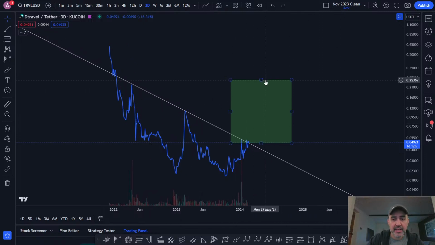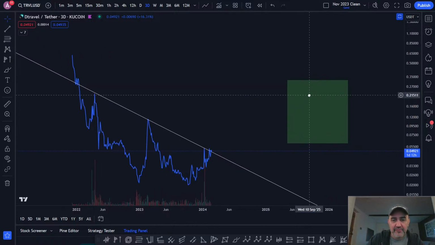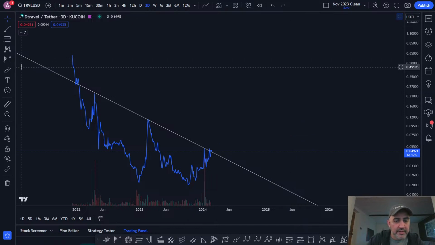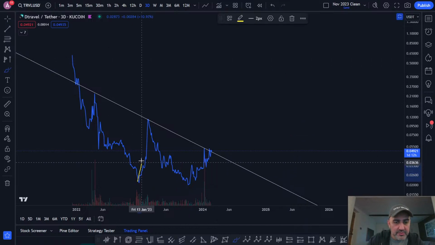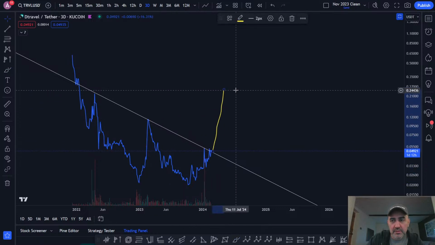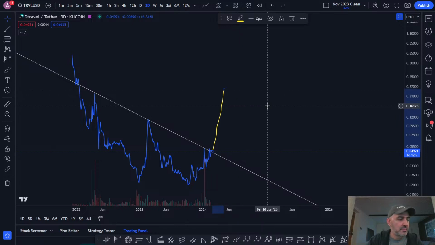I mean, this is the 3-day chart. It's very rough, but we have a bit of a target there. So basically what I'm saying is you draw a line from there to there, and you just do that.